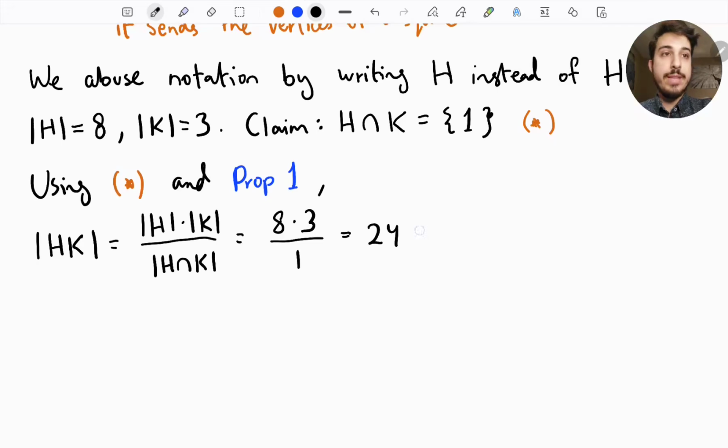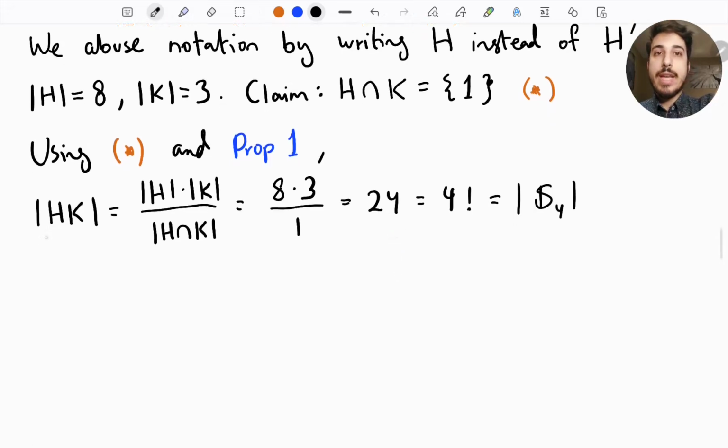But 24 is equal to 4 factorial, and that is equal exactly to the order of the symmetric group of 4 elements S4, as we've seen in the lesson for symmetric groups. So HK is a subset of S4, but they have the same number of elements, therefore concluding that HK must be equal to S4.